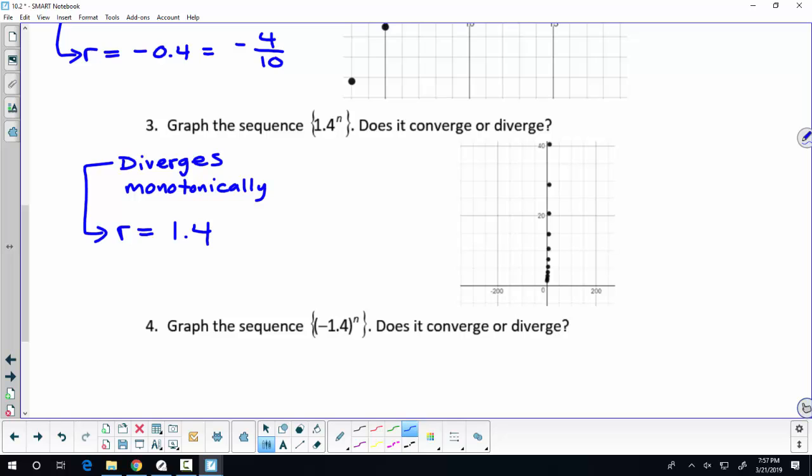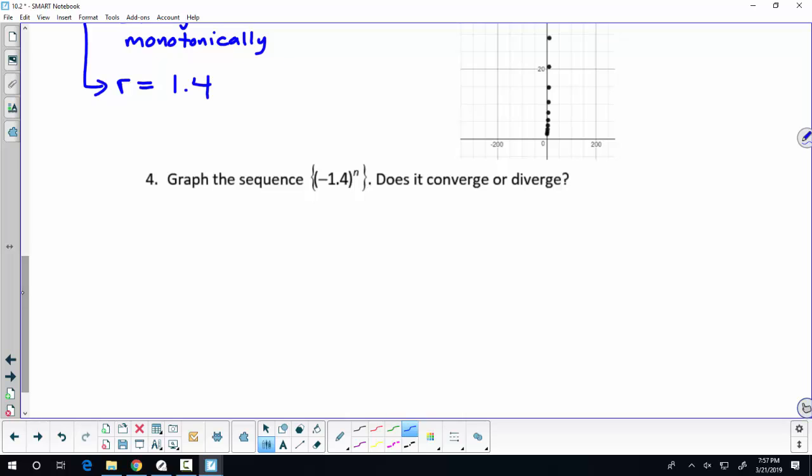And the negative 1.4 to the n, converge or diverge? Diverge. Is it monotonic? No, it oscillates, because again, this is negative 1 to the n times 1.4 to the n.